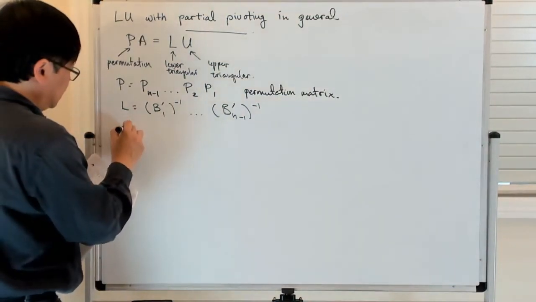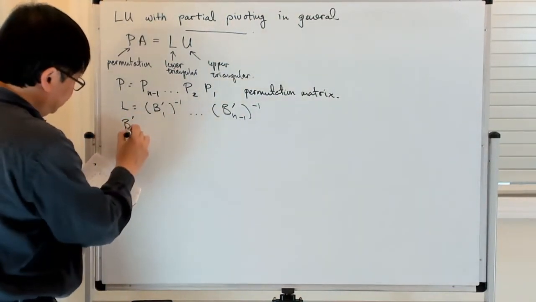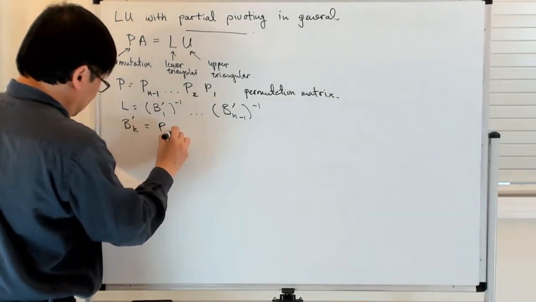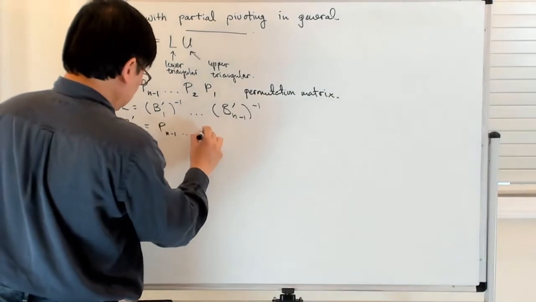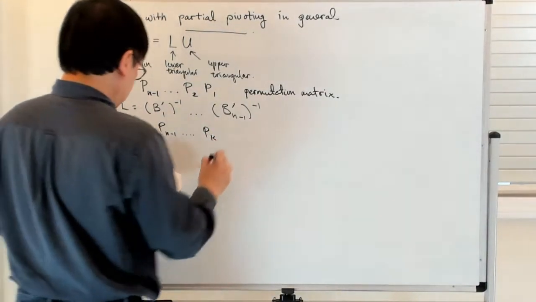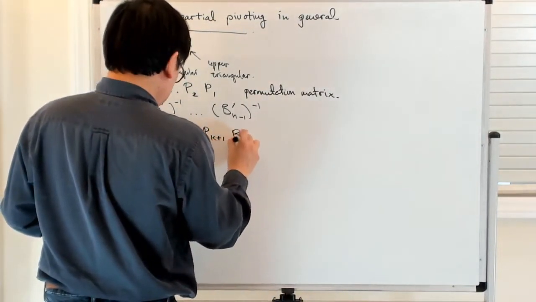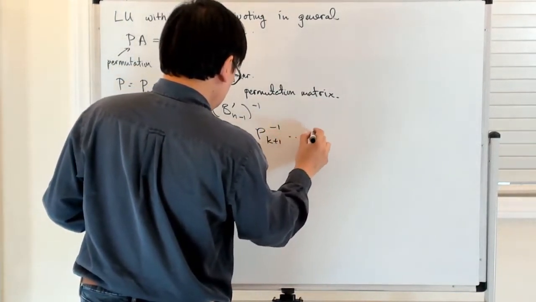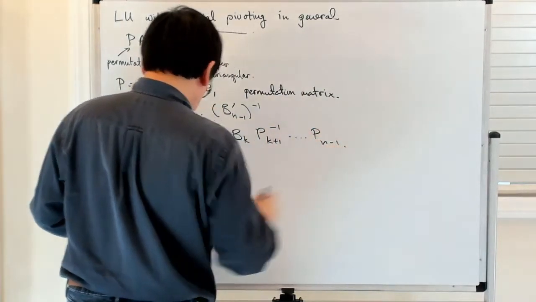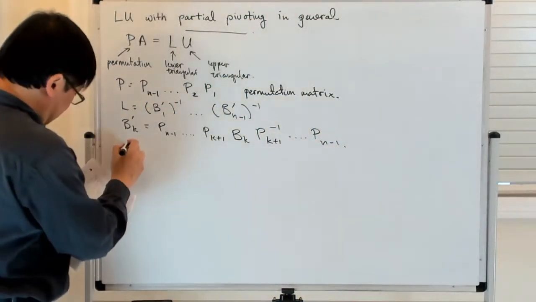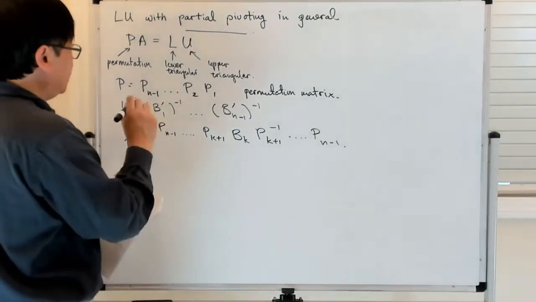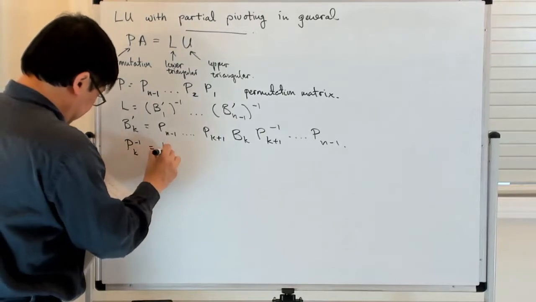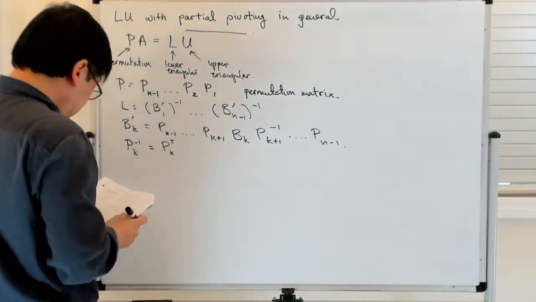And these primed versions, Bk prime, are Pn minus 1 all the way up to Pk plus 1 Bk Pk plus 1 inverse all the way up to Pn minus 1. And the inverse of a permutation matrix is just its transpose: Pk inverse is equal to Pk transpose.